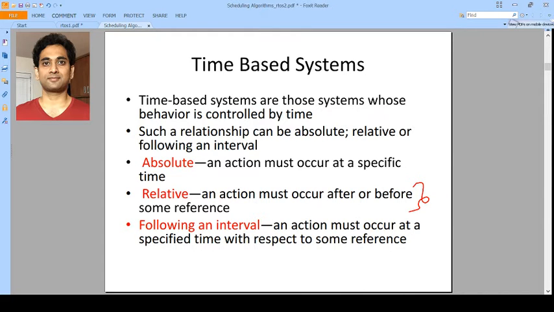Or there can even be time-based systems that are following an interval. An action must occur at a specified time with respect to some reference. So both relative and following an interval time-based systems are not absolute in the sense that they are relative to some reference CPU clock or CPU event.